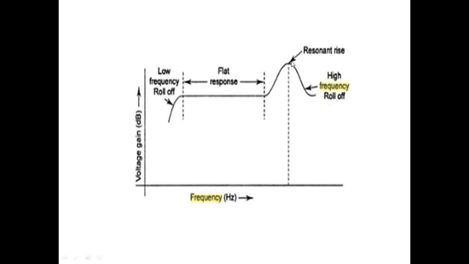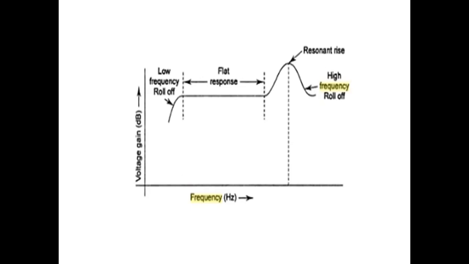We can get some peaks at some particular frequencies. So these provide high gain at the desired frequency. In order to get higher gain at some particular frequency, we can use this type of coupling. It provides gain at selective frequencies.